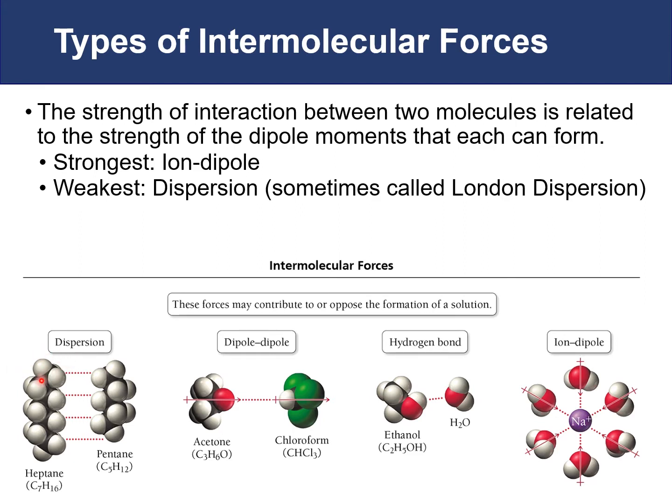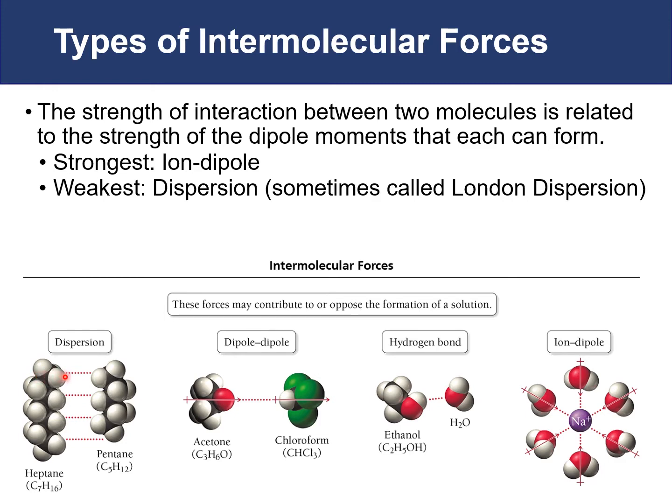So let's say in heptane, this particular carbon-hydrogen bond, the electrons on that carbon-hydrogen bond are now closer to the carbon than they are to the hydrogen. And again, the electrons are in continuous motion along that bond. So let's say that they are temporarily closer to the carbon than to the hydrogen. That would give you a temporary positive charge near this hydrogen and a temporary negative charge closer to the carbon.